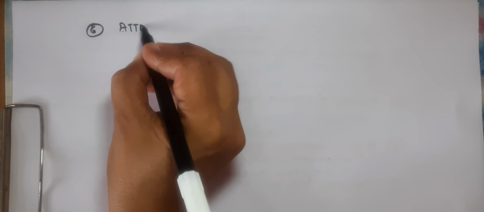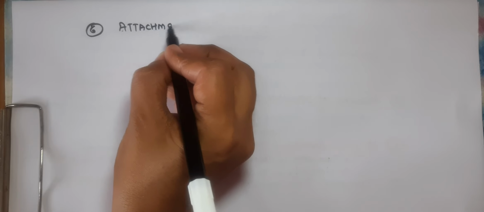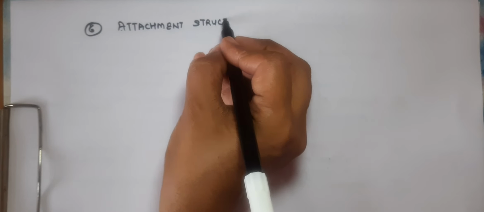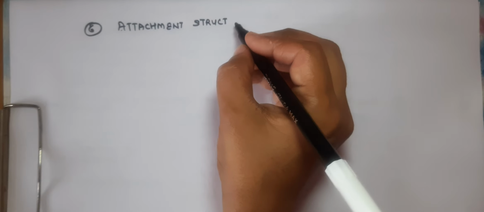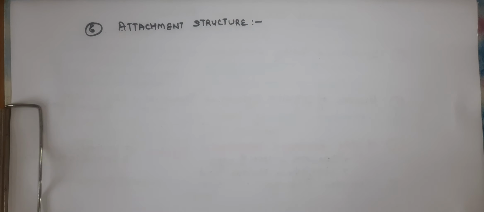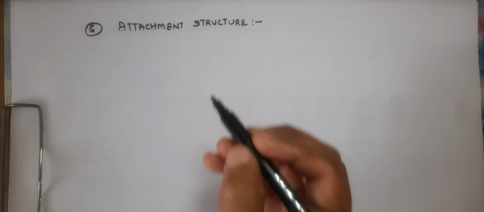The sixth peculiar feature is the attachment structure. The parasitic flatworms have specialized structures for attachment to their host, enabling them to remain in their places while feeding.